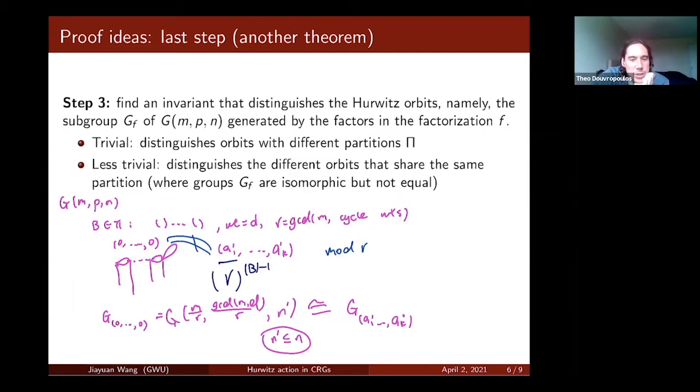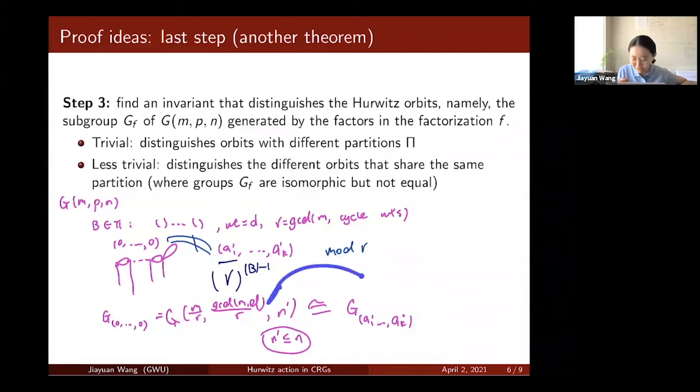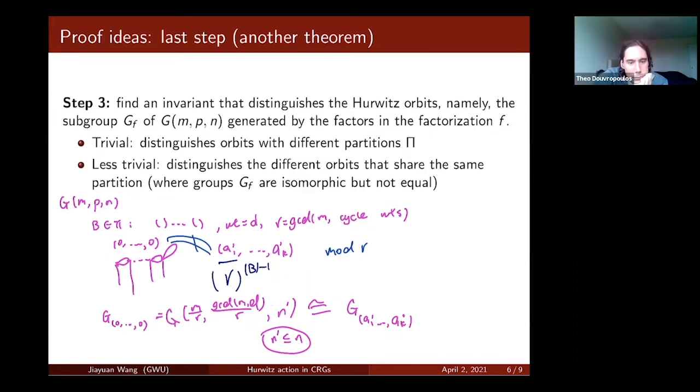So that isomorphism that you have below, is it a group theoretic isomorphism, or is it that these groups are conjugate inside? Conjugation. There's a conjugation map that takes every element from this copy to a different copy. So this also implies that all of these different copies share the same collection of diagonal elements because it's conjugated by a diagonal element.